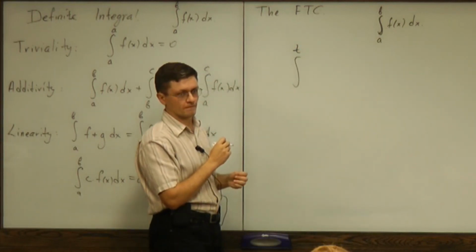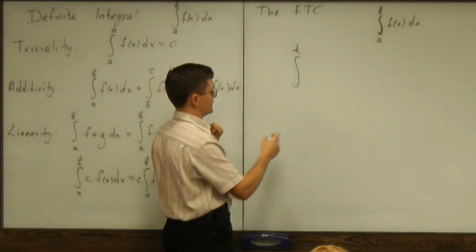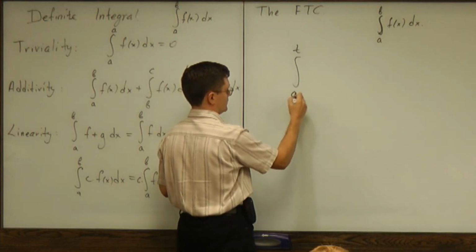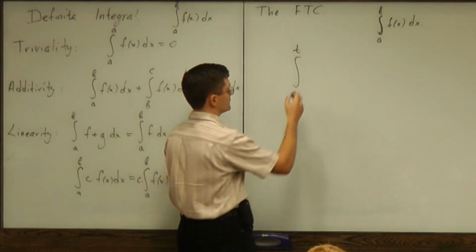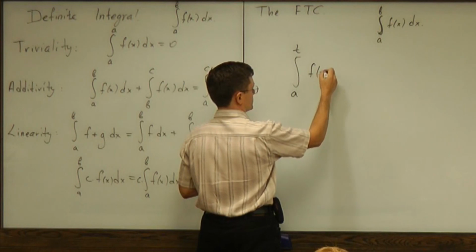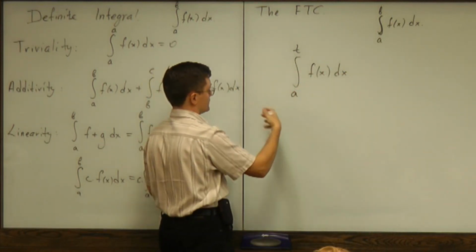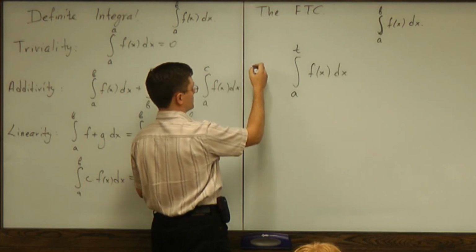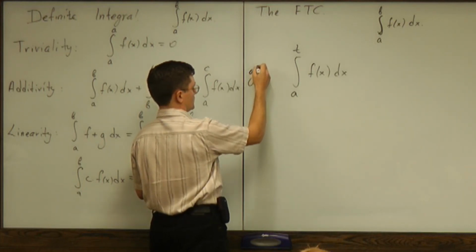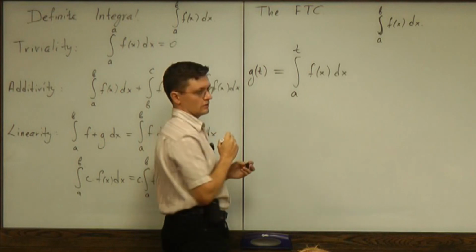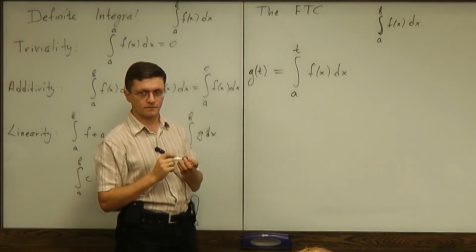Let's call it t. I will make the upper limit a variable. I will keep the lower limit a constant, and I will integrate f of x dx. Now the result is, let's call it g of t, a function of t.